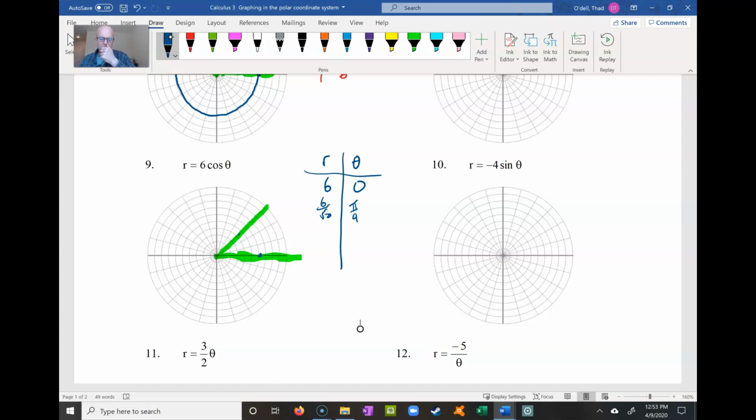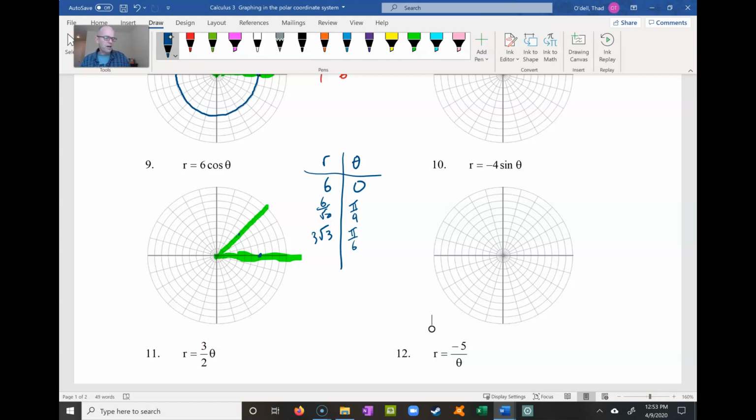So that makes me think, well, maybe I need to figure out what happened in between there. So I'm going to go back and do a pi over 6. Now cosine of pi over 6 we know is rad 3 over 2 times 6. The 2 and the 6 cancel out, so that'd be 3 rad 3. And again, a lot of us don't know immediately off the top of our head what that is, so we'll take 3 times the square root of 3 on our calculator.